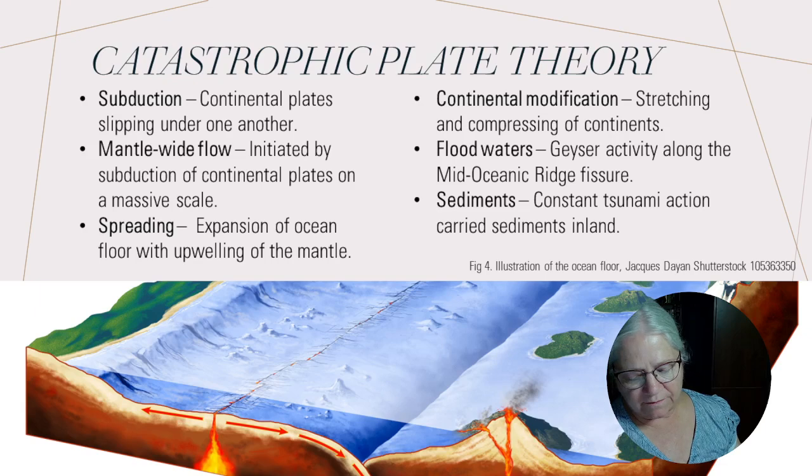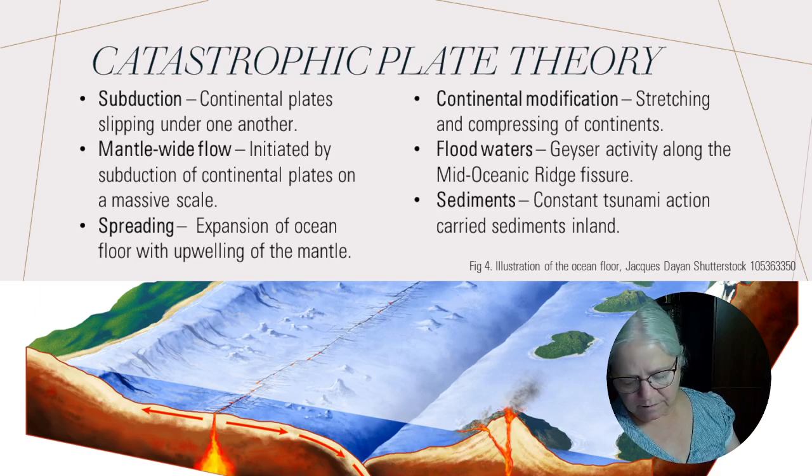And then a mantle-wide flow initiated by the subduction of continental plates on a massive scale. This was a velocity anomaly of cooler temperature zones along the subduction path. These anomalies are found deep within the Earth's mantle, well below the phase transition zone, though thought by some to be the barriers to mantle-wide subduction.